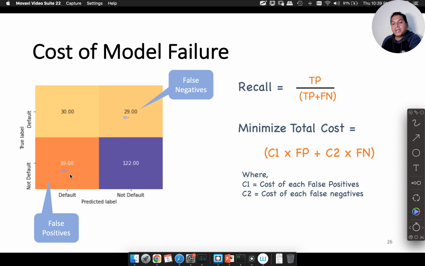So one way to solve this problem is to minimize the false negatives as much as possible to avoid the highest risk. So the right metric to choose here would be recall, because as the false negatives go down, the recall becomes very high.